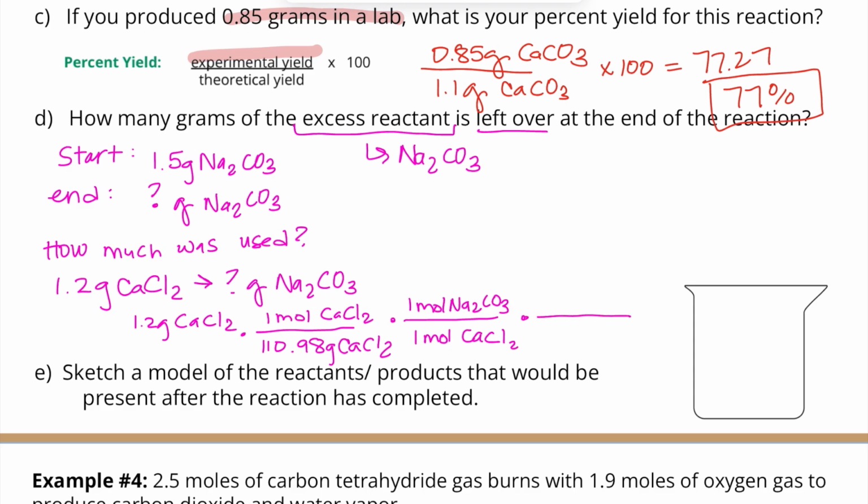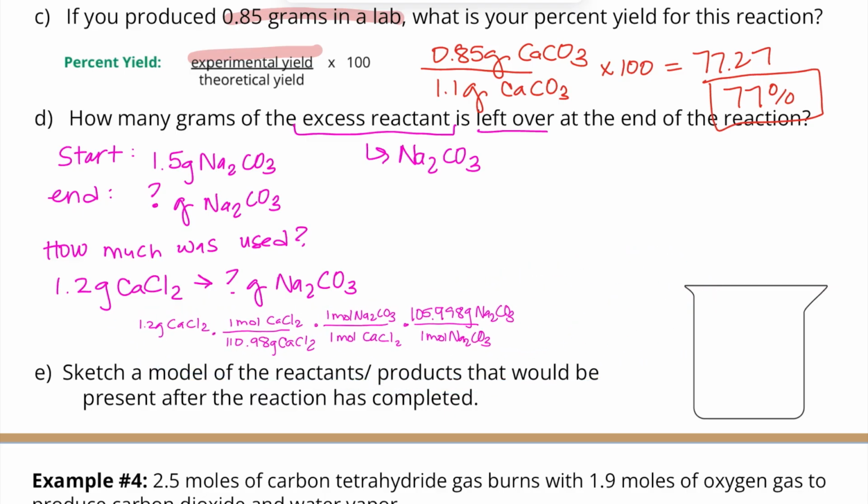And then going from my moles of Na2CO3 to grams, 105.998 grams of Na2CO3. So I'm figuring out how much of my excess reactant is actually going to get used up from that limiting reactant. And I get 1.1 grams of Na2CO3. That's how much actually gets used in the process of my reaction.